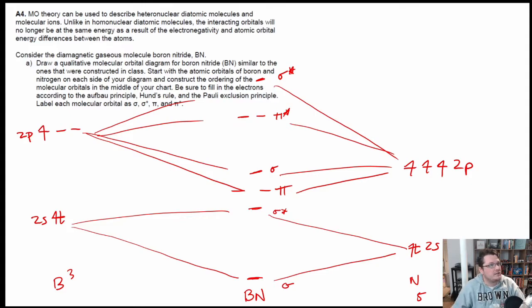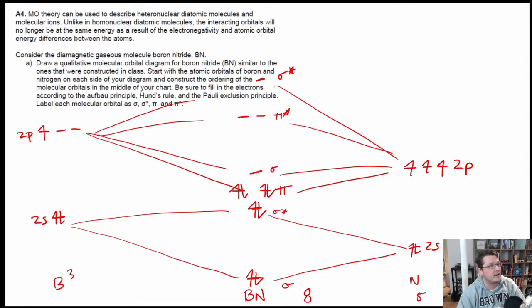If we plug in the number of electrons, we have 3 from the boron and 5 from the nitrogen, so the total number of electrons we would expect for BN is 8. Plugging those in, we have 1, 2, 3, 4, 5, 6, 7, 8.